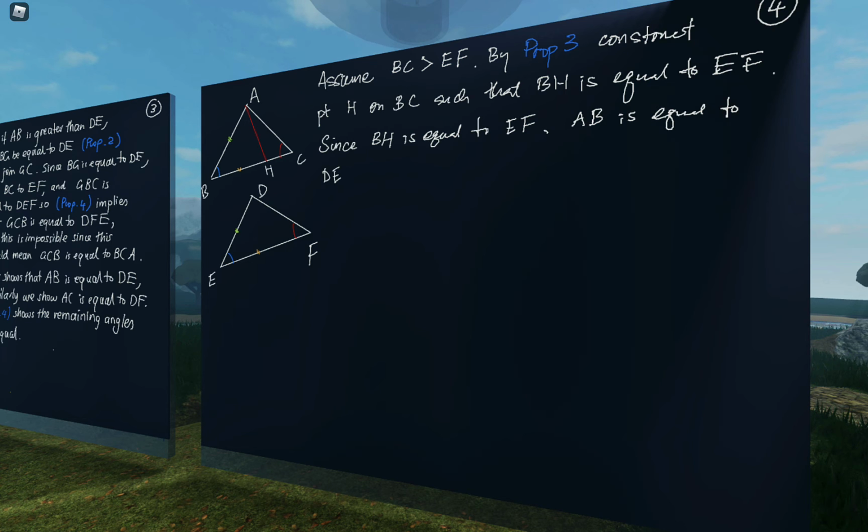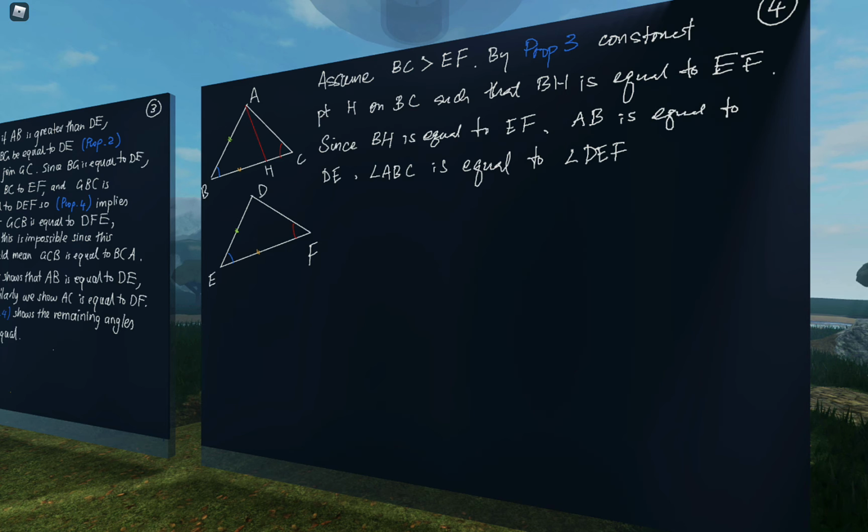Why is that? So BH and EF are the same by construction. AB being the same as DE is by assumption, right? We assume this. And finally, the angle ABC is equal to angle DEF. This is also by assumption.